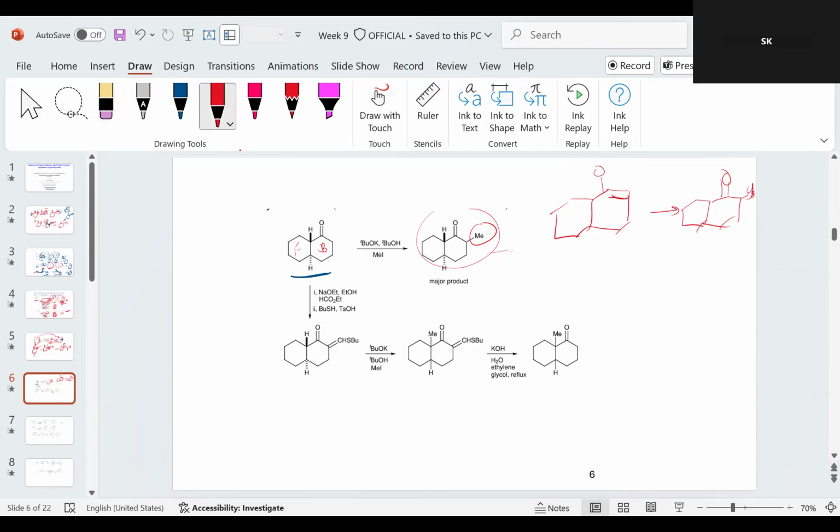So, what is the protocol here to do the methylation at this position instead of this?